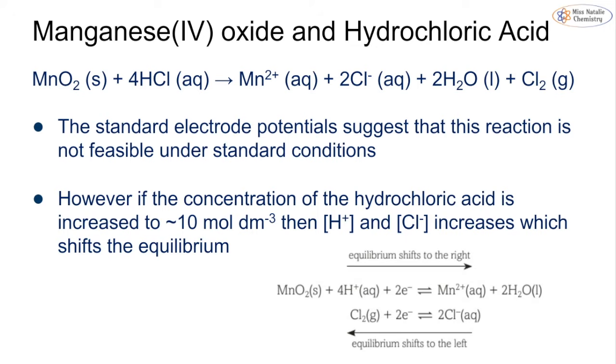Looking at another reaction where we've got the manganese oxide reacting with hydrochloric acid, under standard conditions with the standard electrode potentials, this tells us that this reaction is not feasible.